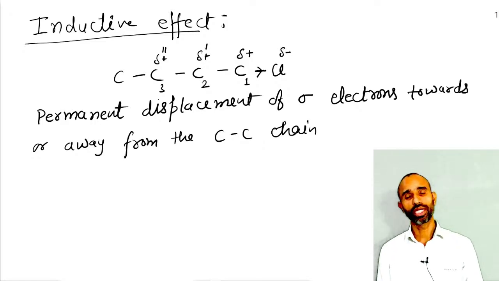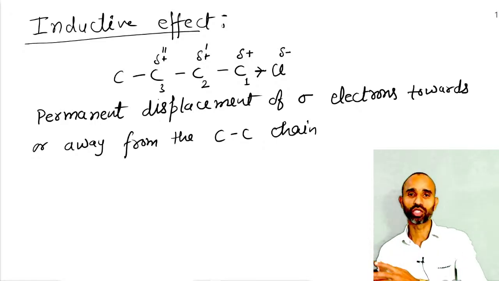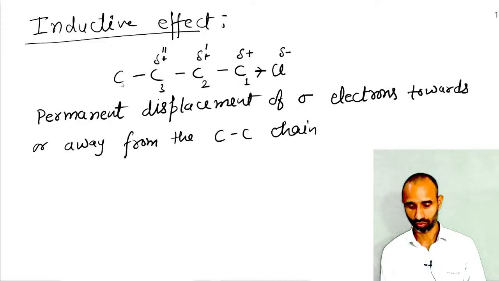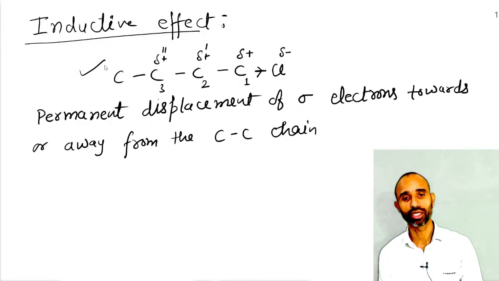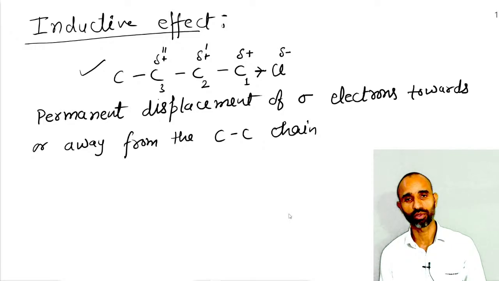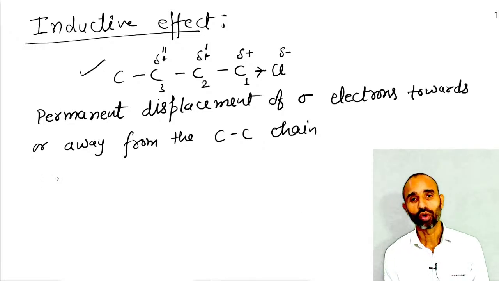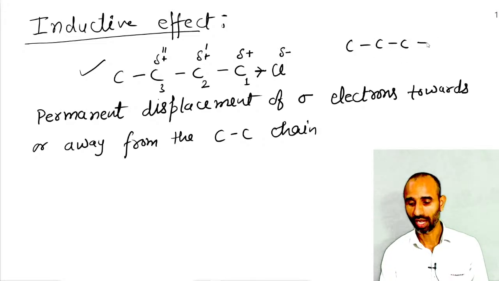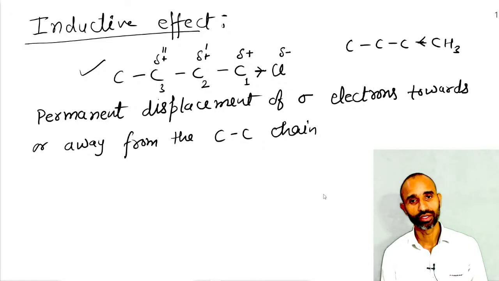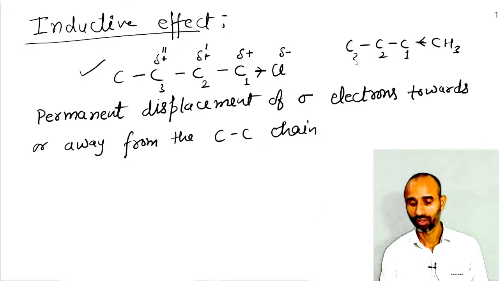Now, if it is away from the carbon chain, like in this case, where chlorine is attached to the carbon chain, then that is called minus I effect. And if there are groups like alkyl group, the alkyl group is electron releasing, and therefore it is called plus I effect.